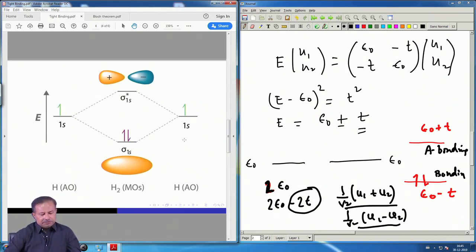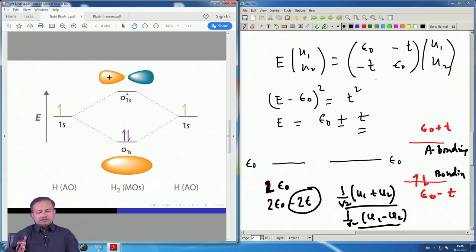So what has happened? Because of this T matrix element, the electron is no longer stuck at either atom 1 or atom 2. So electrons are now allowed to move. Remember the time dependent Schrodinger equation.